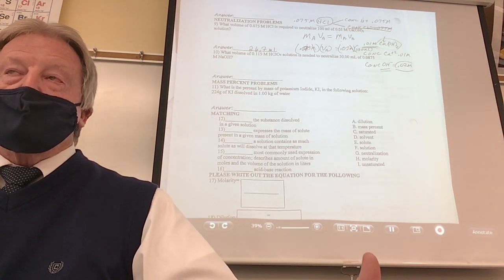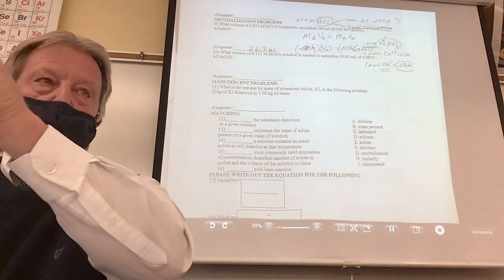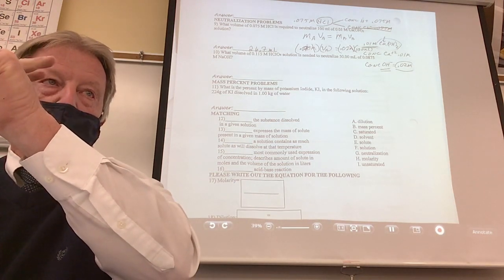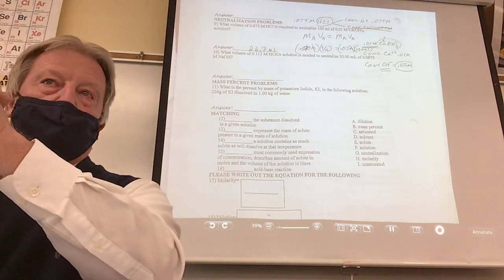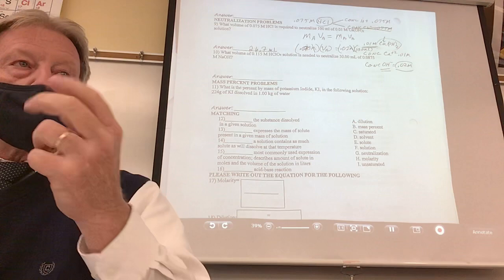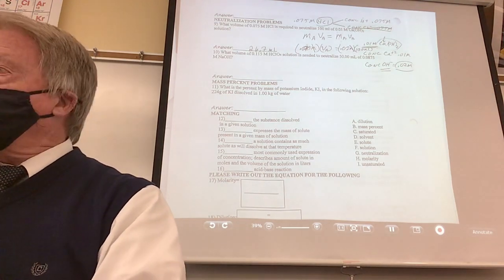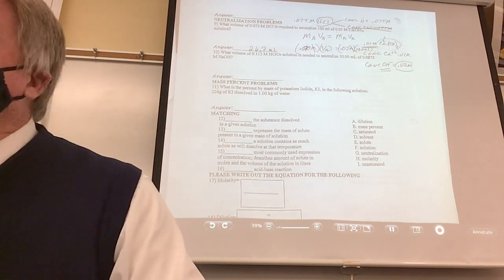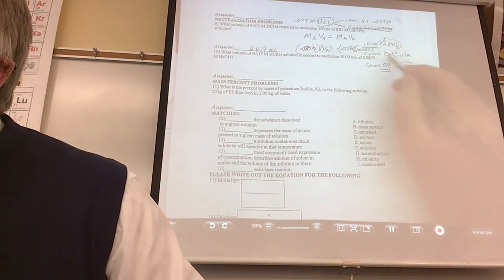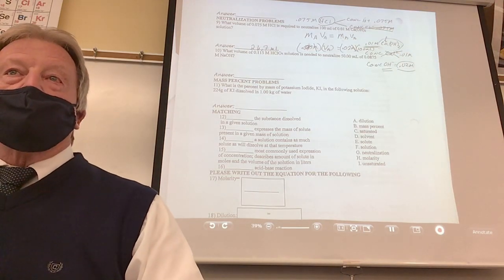1, 1. But how many hydroxide ions are there for every 1 calcium hydroxide? There are 2, aren't there? So for every 1 calcium hydroxide, you get 2 hydroxide ions. So what's the concentration of hydroxide ions? Twice as much. And by the way, I don't really care about the concentration of the calcium ions, because that has nothing to do with acid-base neutralization, does it?